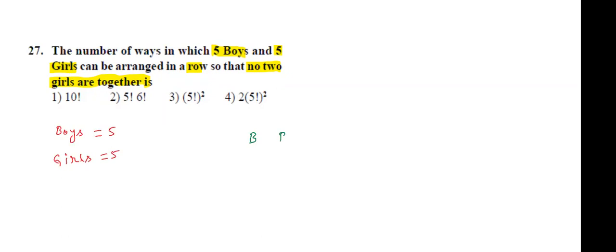1, 2, 3, 4, 5. 5 boys can be arranged. Required number of arrangements. 5 boys can be arranged in a row in 5 factorial. Now girls are there. So how many places are there between the boys? This is 1, 2, 3, 4, 5, 6.